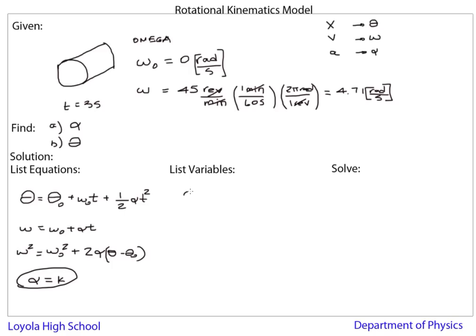Step 2, we list the variables. Theta 0, theta, omega 0, omega, and do it in the same order every time so we can get a good look at the variables here, and so we do it orderly every time. Now, in linear kinematics, we put the ruler on the ground for, let's say, a car that was traveling, and we said that that's 0.